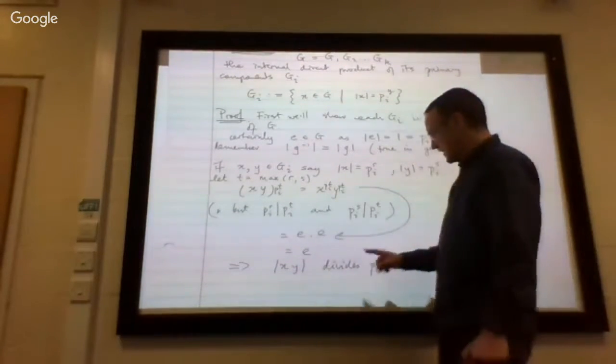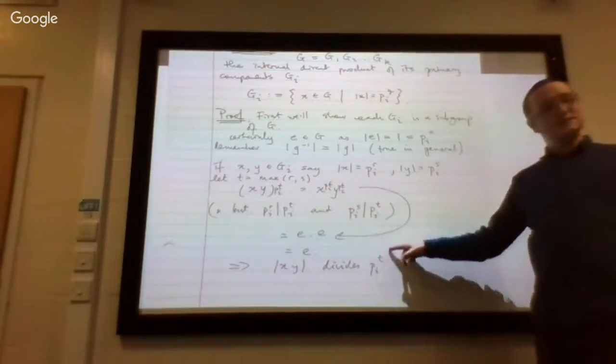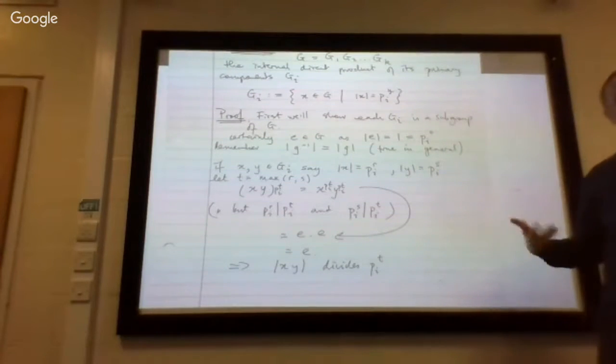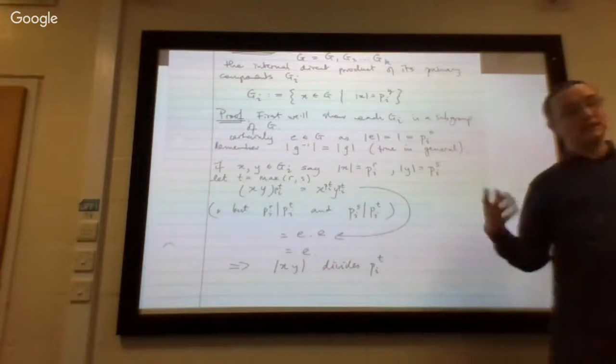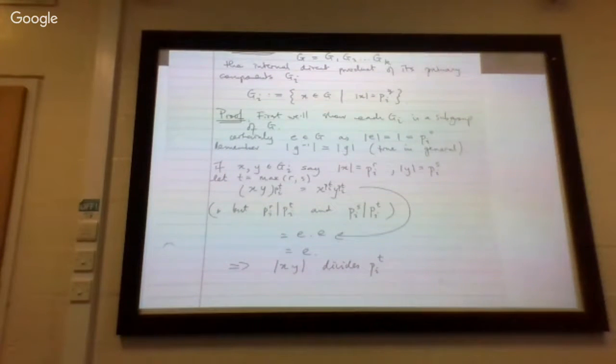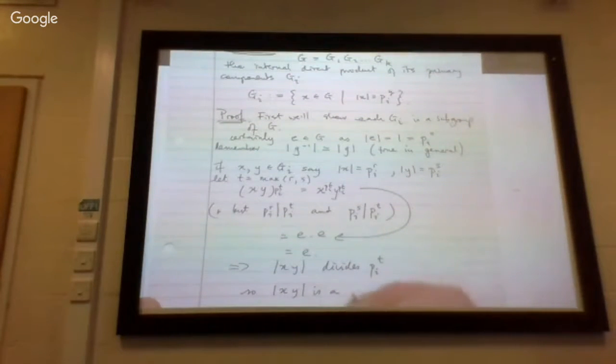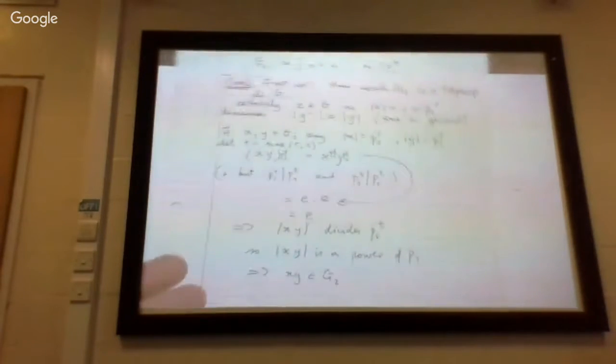The order divides p_i to the power t, so that means it must be some power of p_i. The only divisors of p_i to the power t are that power itself and smaller powers. So the order of xy is a power of p_i, so xy is in the ith primary component.